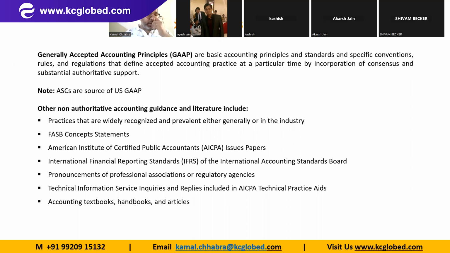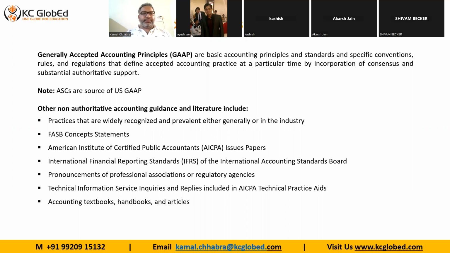Other non-authoritative accounting guidance you will also see, which is widely used, that is, practices that are widely used in the industry. FASB concept statements are also there, CPAs also issue papers, and IFRS is also considered a guiding light. Where you do not have clarification in US GAAP, you go for IFRS, right?